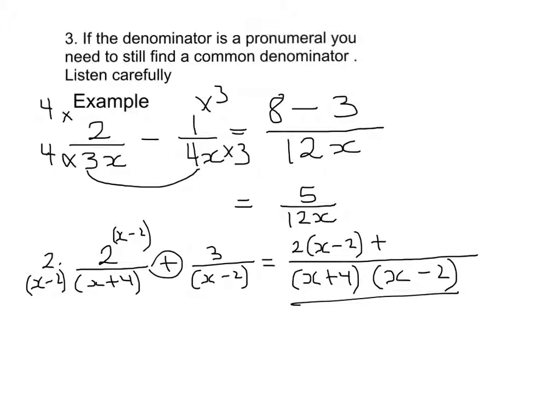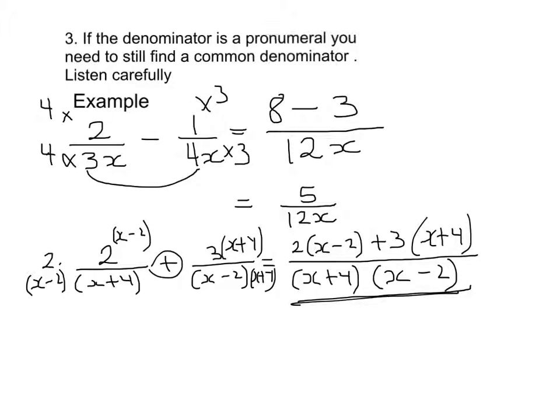Okay, then x minus 2 times what gives me that whole denominator? Well, it'll be x plus 4. So again, I multiply the 3 by x plus 4. So I write it on the side, x plus 4.